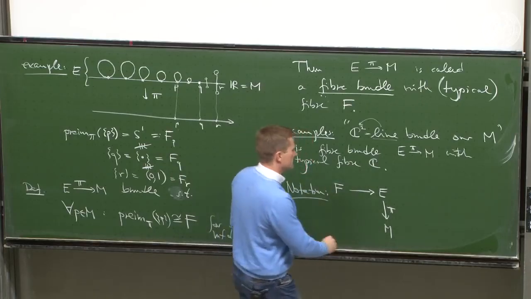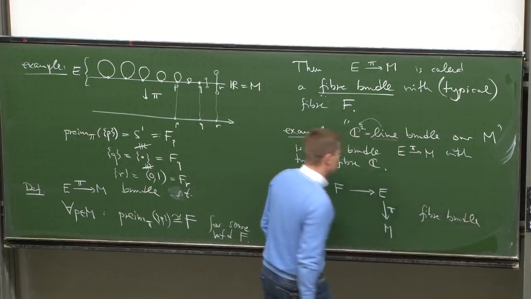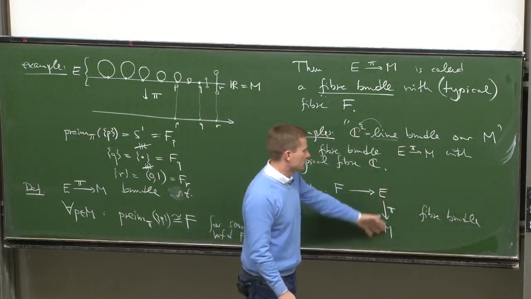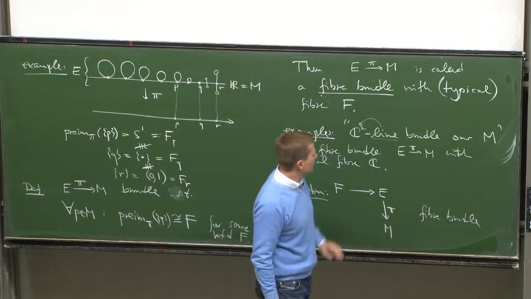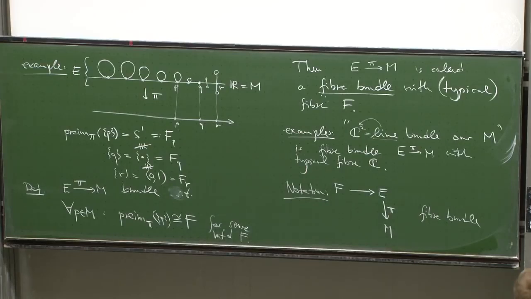We say this is a fiber bundle, and that's usually quicker than saying let this be the total space, this the base space, this the fiber with respect to this. We just draw this picture. It's just notation. Now the C line bundle over M will play a very important role in quantum mechanics, by way of the following construction, definition.